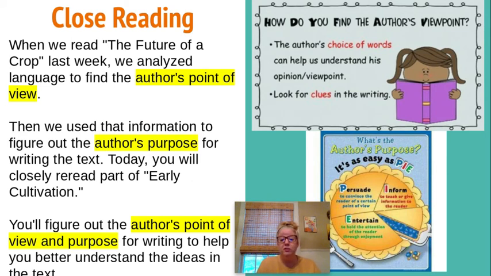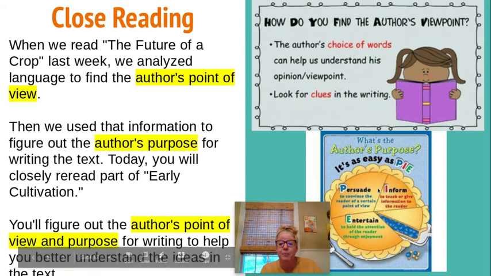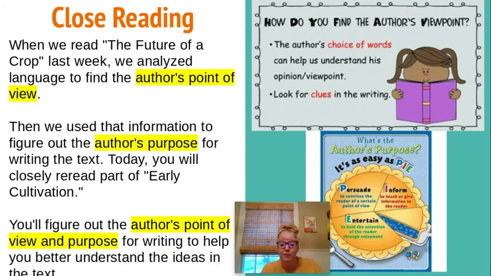So just to review, I know we talked about author's purpose before, but we're going to think of the word pie, P-I-E. Persuade means to convince the reader of a certain point of view. To inform means to teach or give factual information to the reader. And to entertain means to hold the attention of the reader through enjoyment.